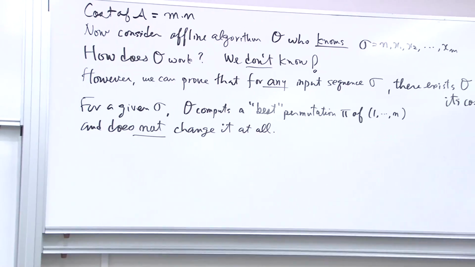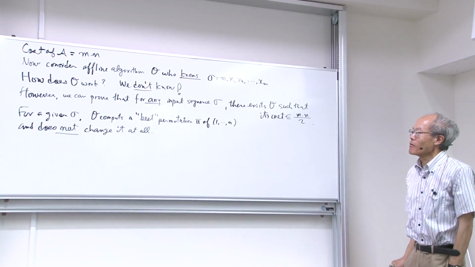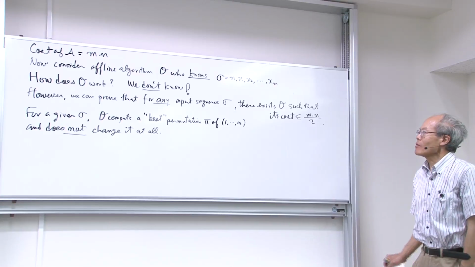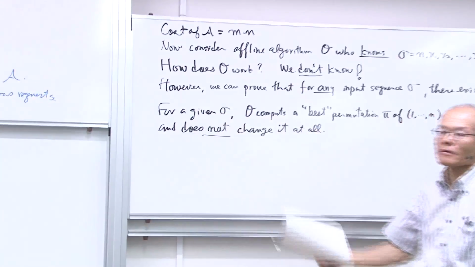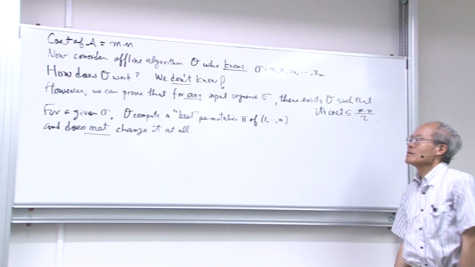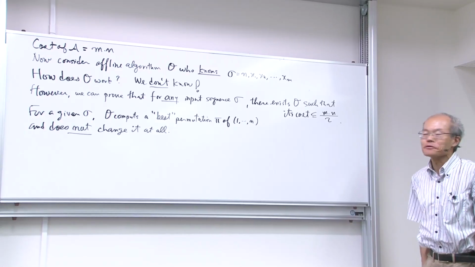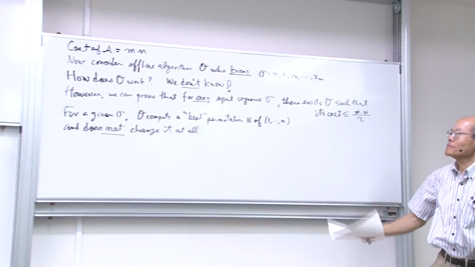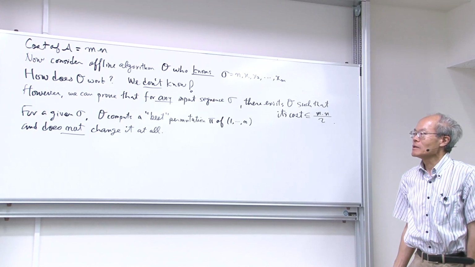The strategy of algorithm O is quite simple. At the beginning, algorithm O knows the input sequence sigma, then optimal algorithm O computes a best permutation pi of 1 through n.